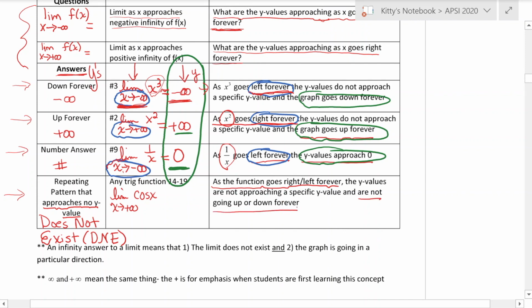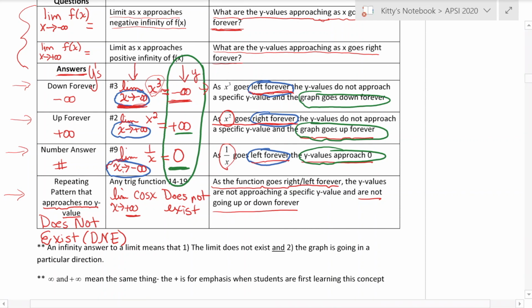So I can't give an infinity answer, because that means I'm going up or down forever. So I just have to say does not exist. And I could have said positive or negative infinity there. It doesn't matter, because going left or right, they both do not exist.